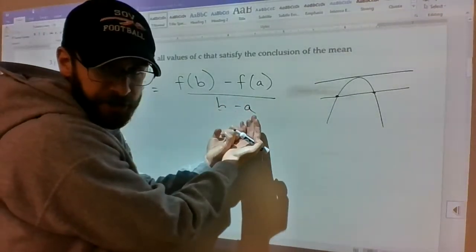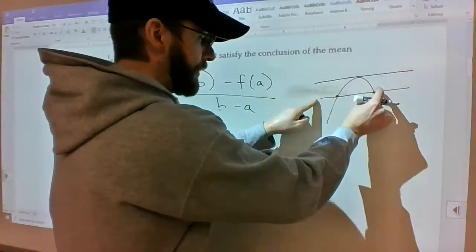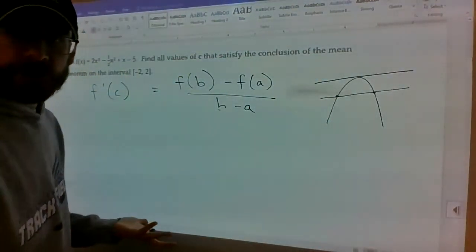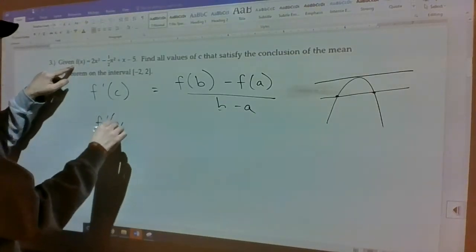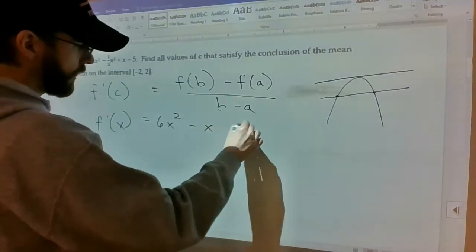It's where the average slope equals the instantaneous slope. So what do you do? You find the derivative. The derivative of f is going to equal 6x squared minus x plus 1.